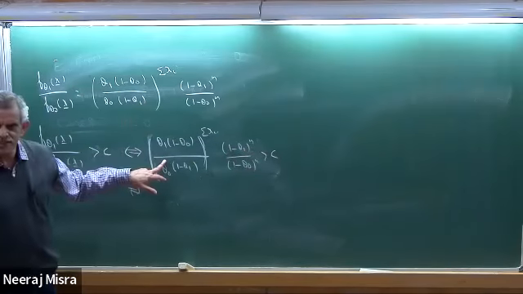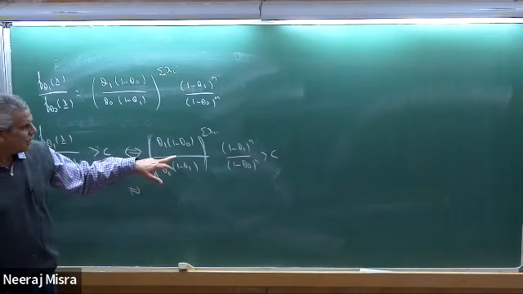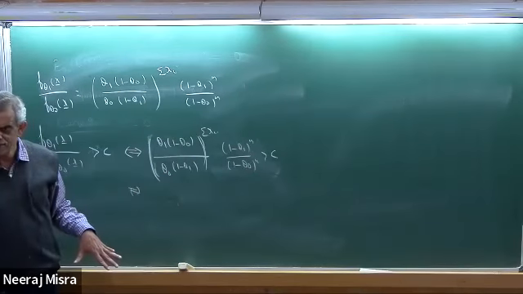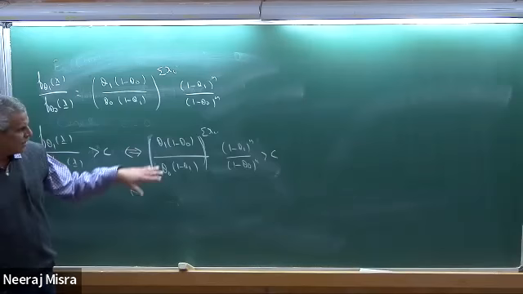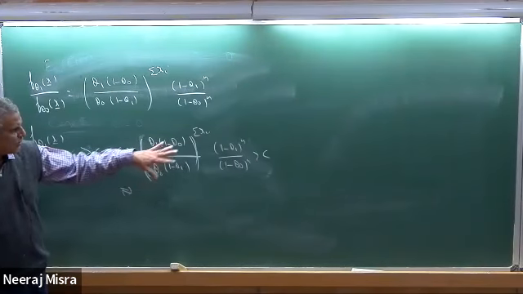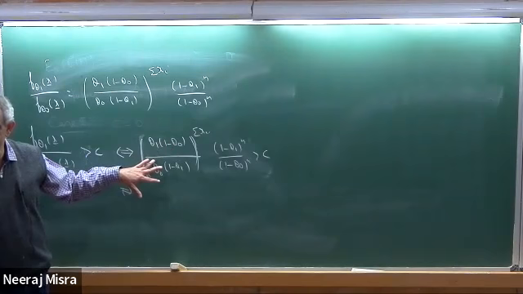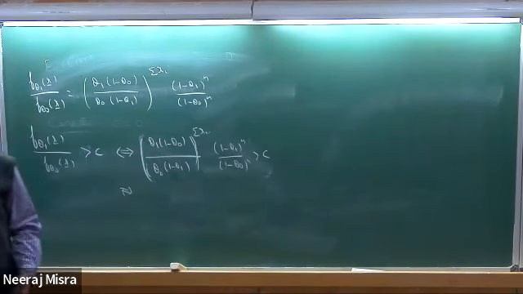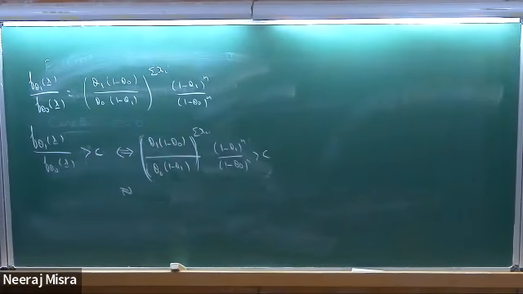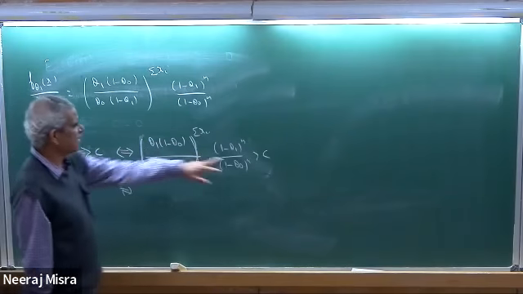Now I have to look at this. So what I do is I take the log on both sides. That will be summation xi times log of this, which creates no problem because it is positive. So that is summation xi log of this is greater than log of c.